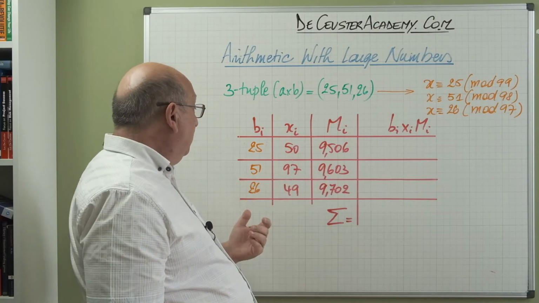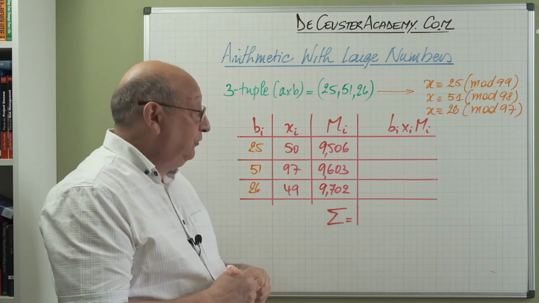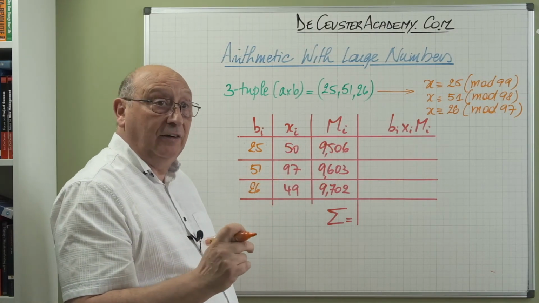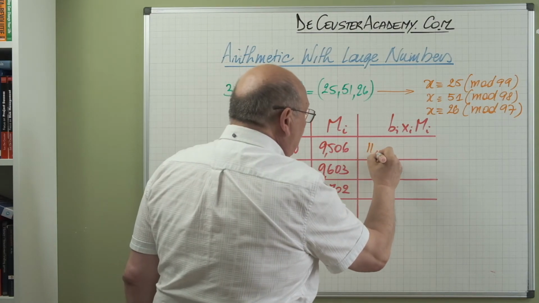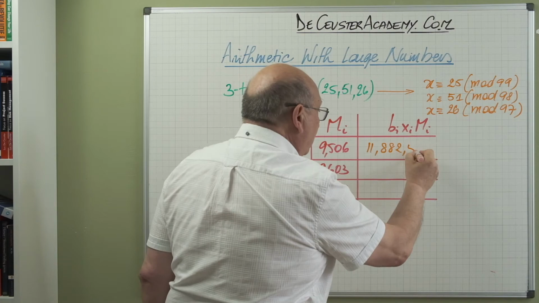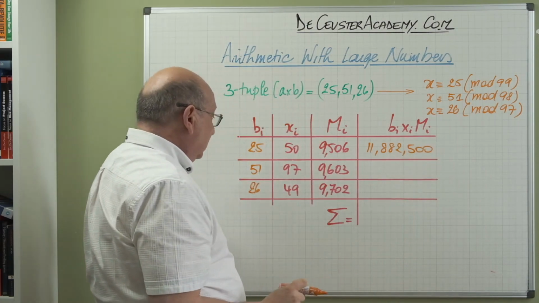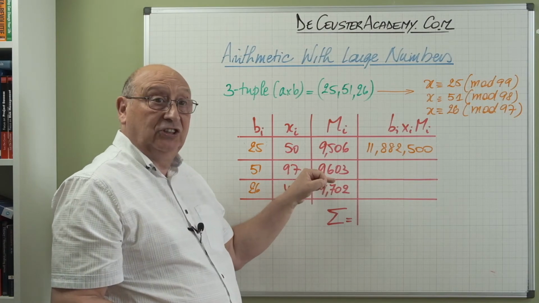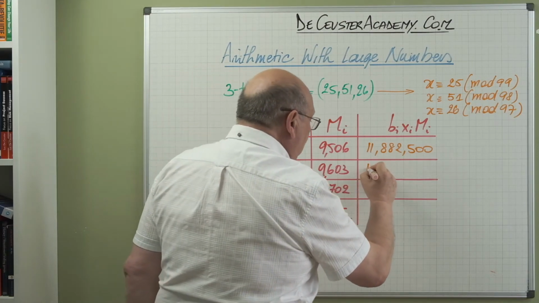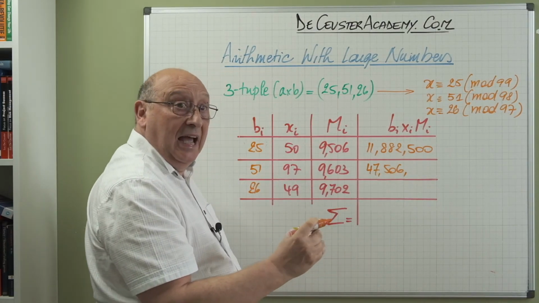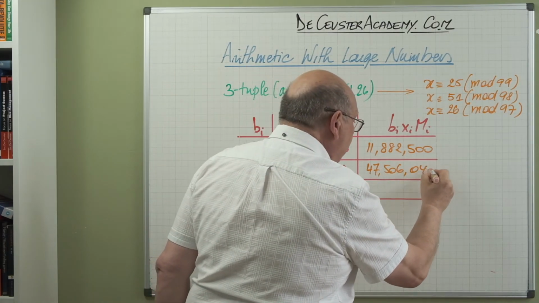And now when we multiply them, we find, in fact, for the first one, 25 times 50 times 9,506, 11,882,500. For the second one, 51 times 97 times 9,603, we find 47,506,041.